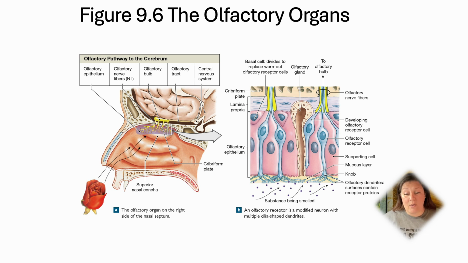These chemical components are going to trigger the dendrites to signal different information, depending on what the fragrance is, up through the olfactory receptor cell. So the dendrite is going to send that information up into the olfactory receptor cell.